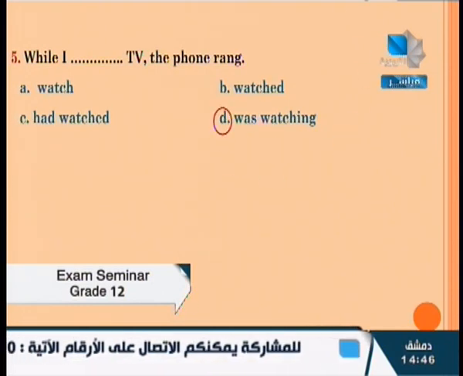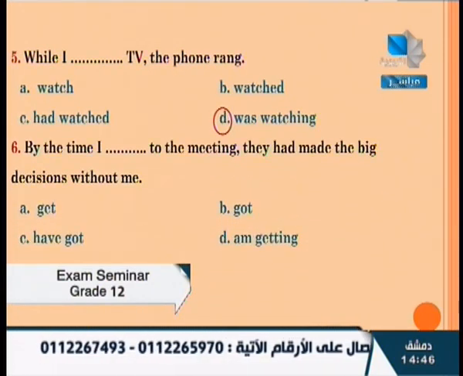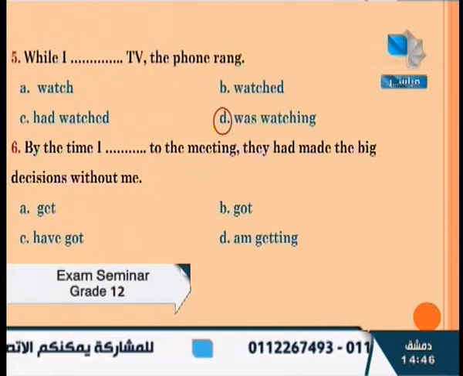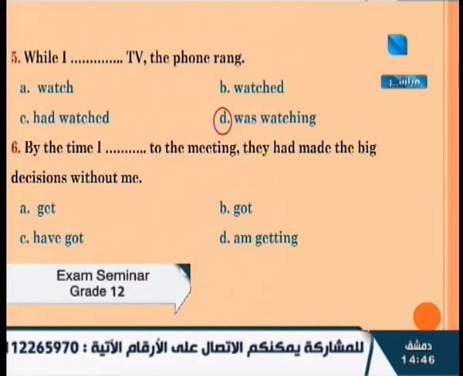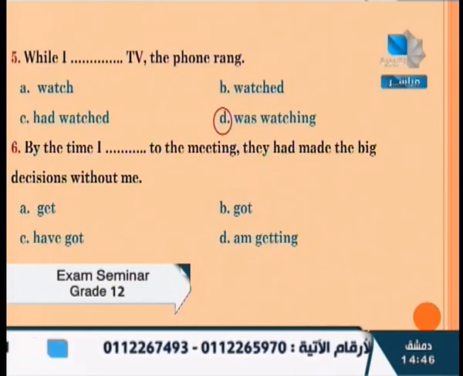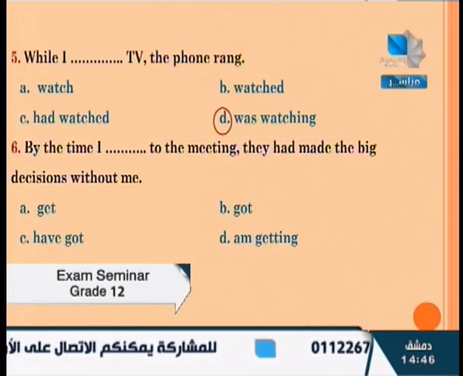Number 6, by the time I got, have got, I'm getting to the meeting, they had made the big decisions without me. Here we have also an action in the past perfect, had made, so we have to choose B, got. Two actions, one happened before the other.